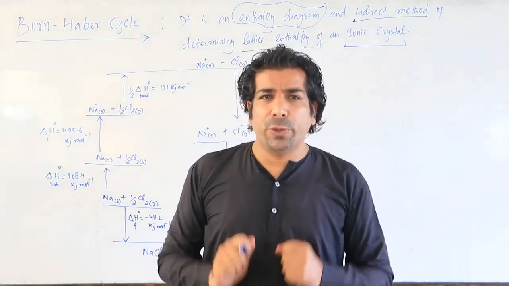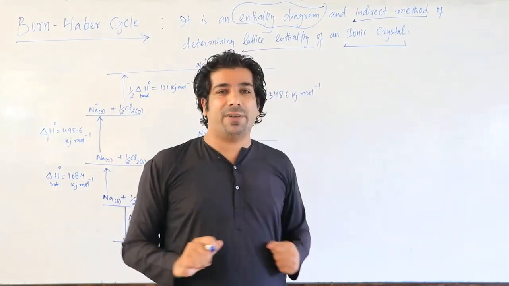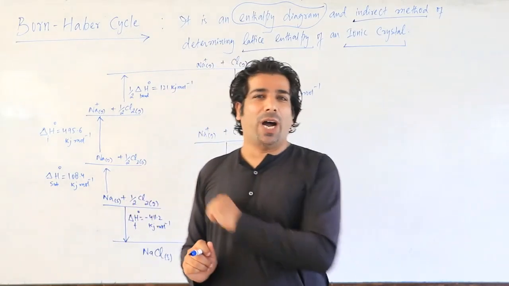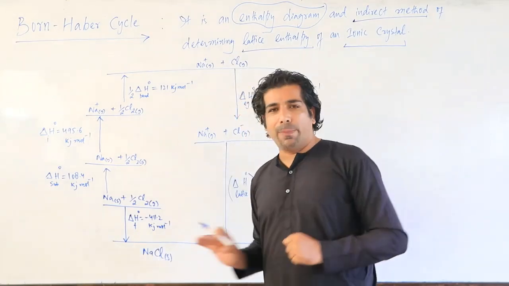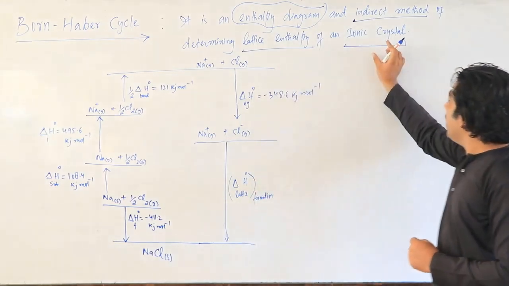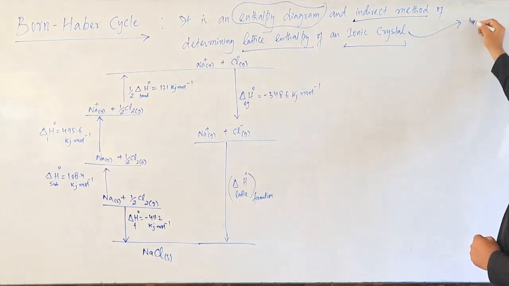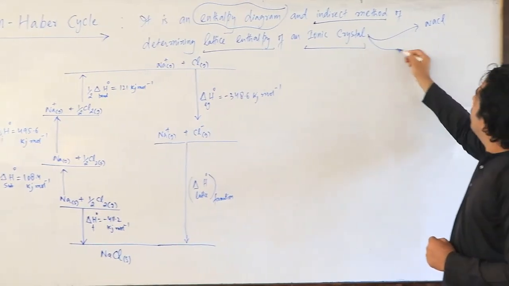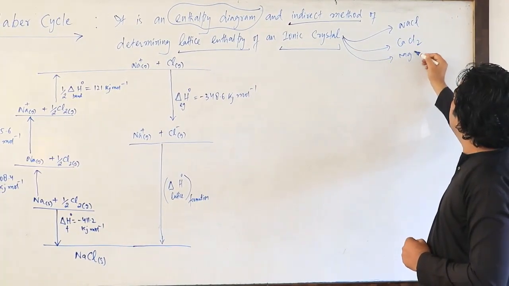But before we do this, we can even apply Hess's law here, my dear friends. So I will show you how to apply Hess's law, right? Before applying Hess's law, let us understand what we are doing. We can make any kind of ionic crystal here. We can make NaCl, calcium chloride, magnesium chloride.